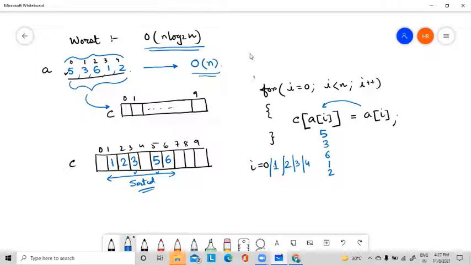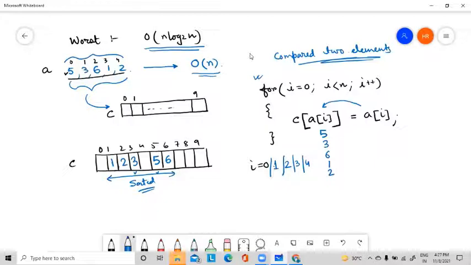So here I have used one interesting sorting technique which never compared. Have you seen I have compared two elements here? Never compared two elements. In any other sorting, whether it is bubble sort, selection sort, merge sort, quick sort, you have to compare one element with another element.